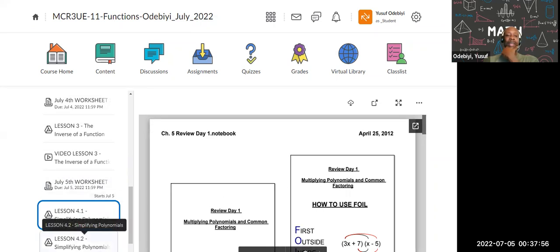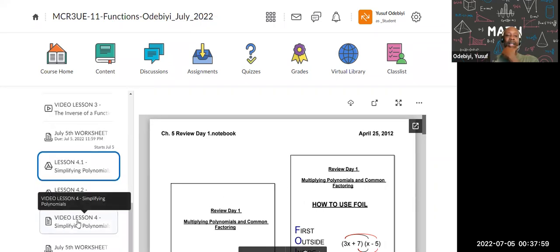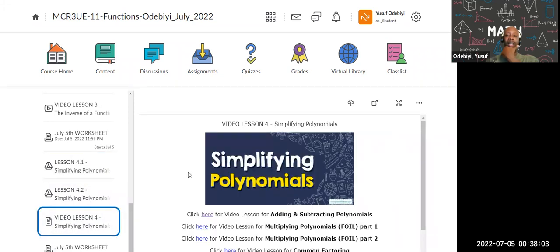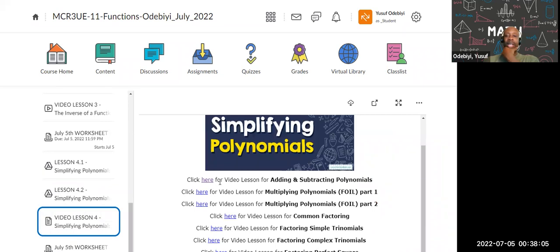There's a video. If I show you here, where is the video? Over here on this page, there are a bunch of videos to go through. I don't want to go through them, I think you can go through them, but I labeled them here. If I want to add polynomials, I can check that video. If I want to multiply polynomials using the FOIL method, I can check this video.